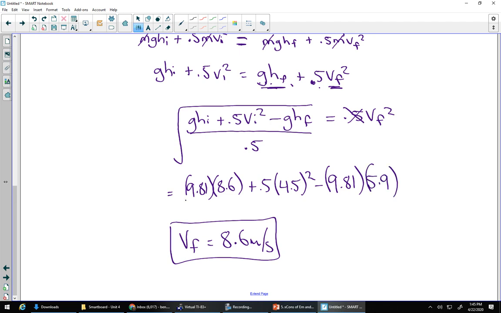Then divide this whole entire thing by 0.5 and take the square root of the whole gigantic thing, and you'll never guess what it's going to work out to be.